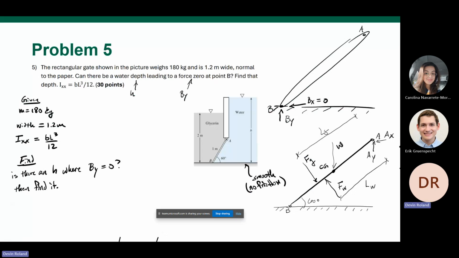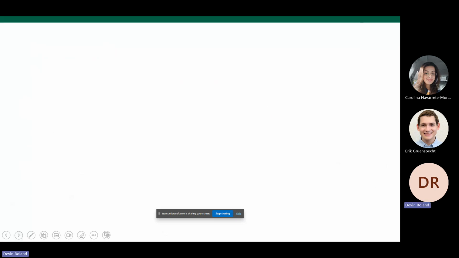And so I'll dive into that. All right, so if you were to take the values off that table 1.4, you would find the specific weight of glycerin to be rho glycerin times gravity, and that is going to come out to 12,360 Newton per meter cubed.